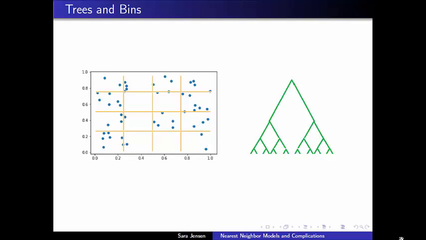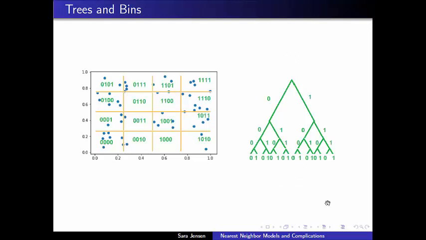At that point, if we're keeping track of bins on the left and trees on the right, we can very easily attribute to the tree a numbering system where the left branch corresponds to a 0 and a right branch corresponds to a 1. And we can come up with these identification numbers for each bin that represents the path you walked on the tree to get there.